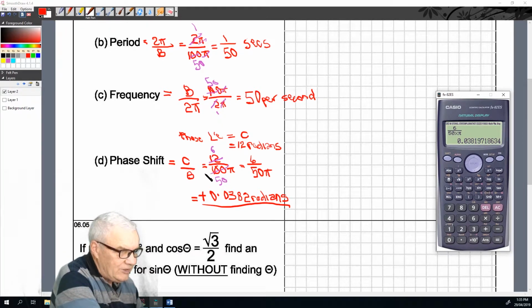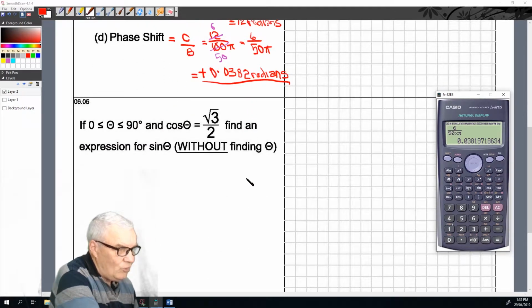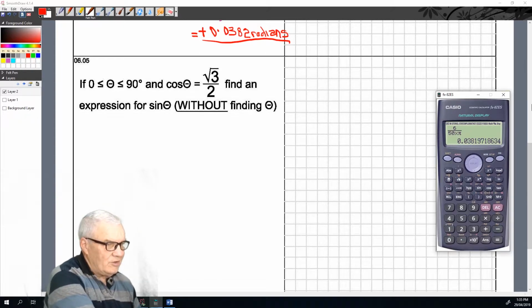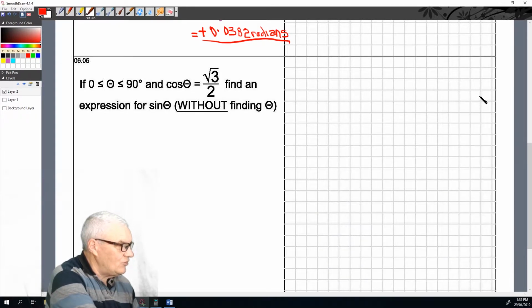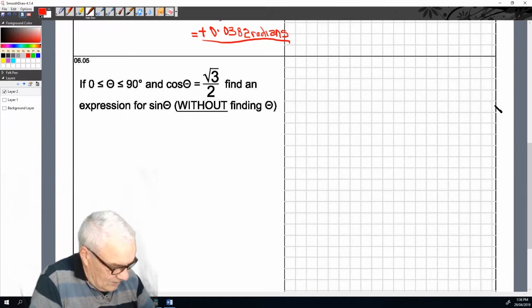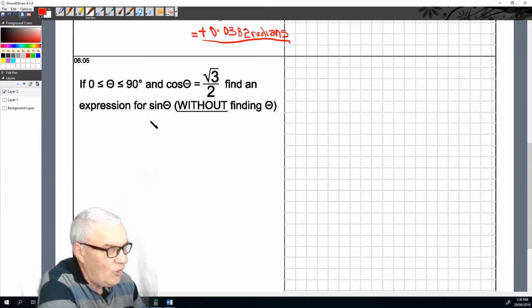So let's now just drop down and do this one final one here. Between 0 and 90, find the expression without finding theta. So we won't use the calculator, so we can make that disappear. What we have here is essentially a right angle triangle.